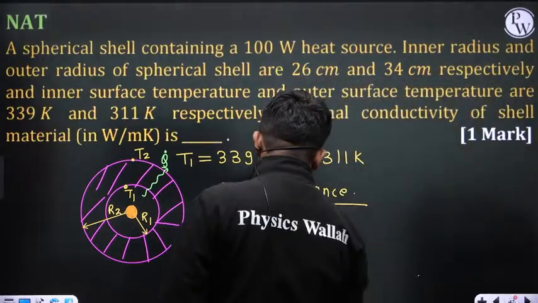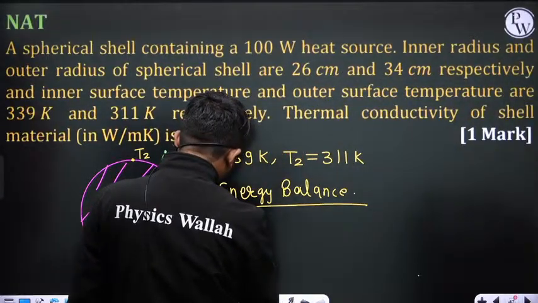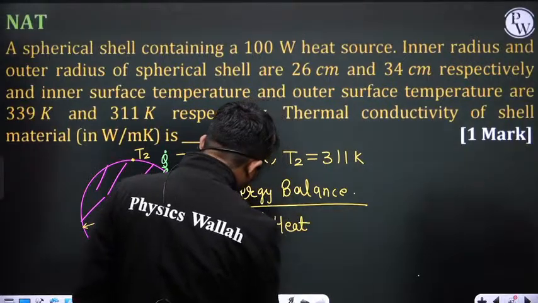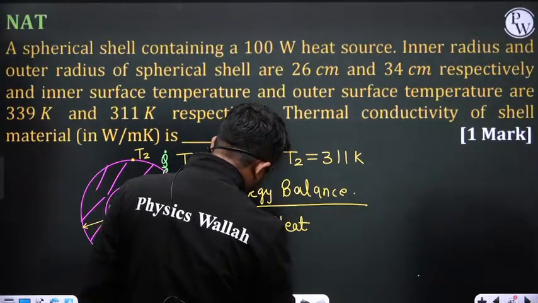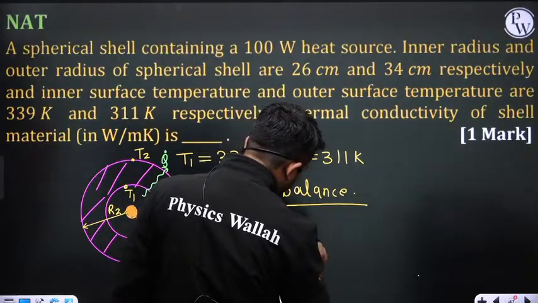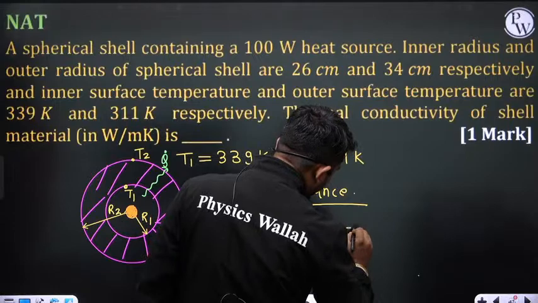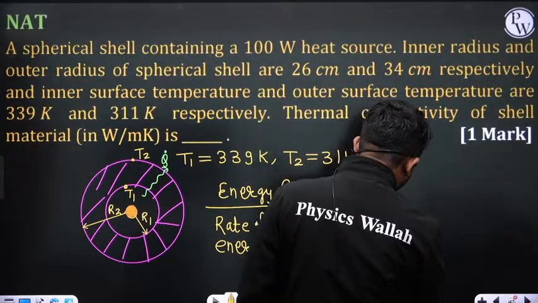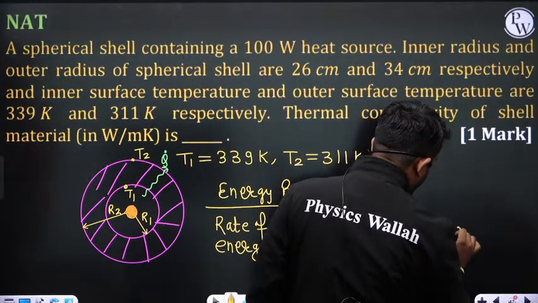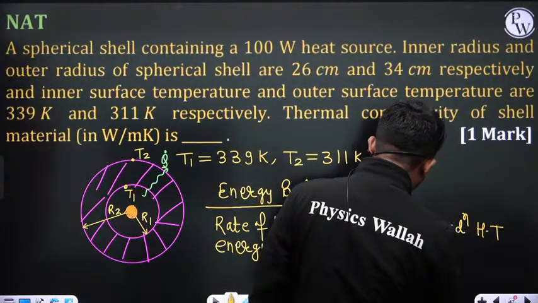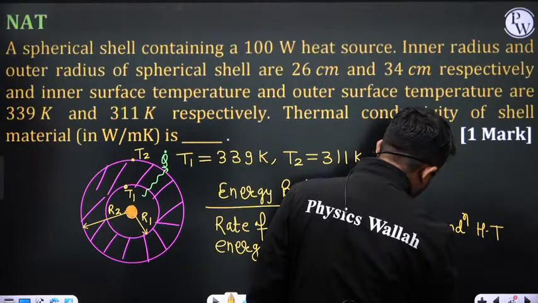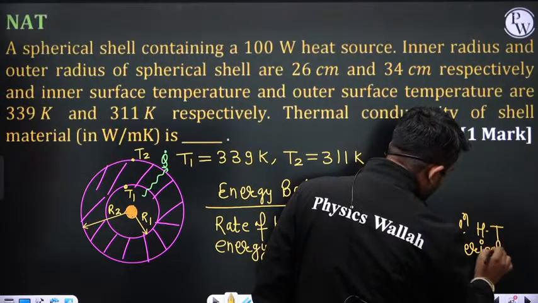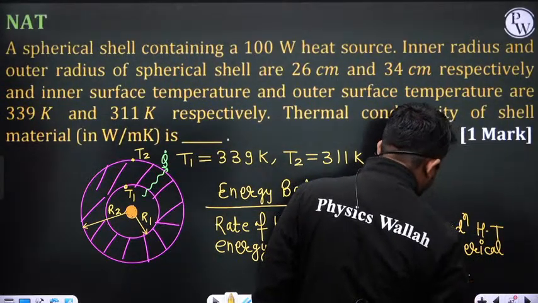Okay, so if you apply the energy balance, you can say the rate of heat energy generated through the heat source is equal to the rate of conduction heat transfer through the spherical shell, right?